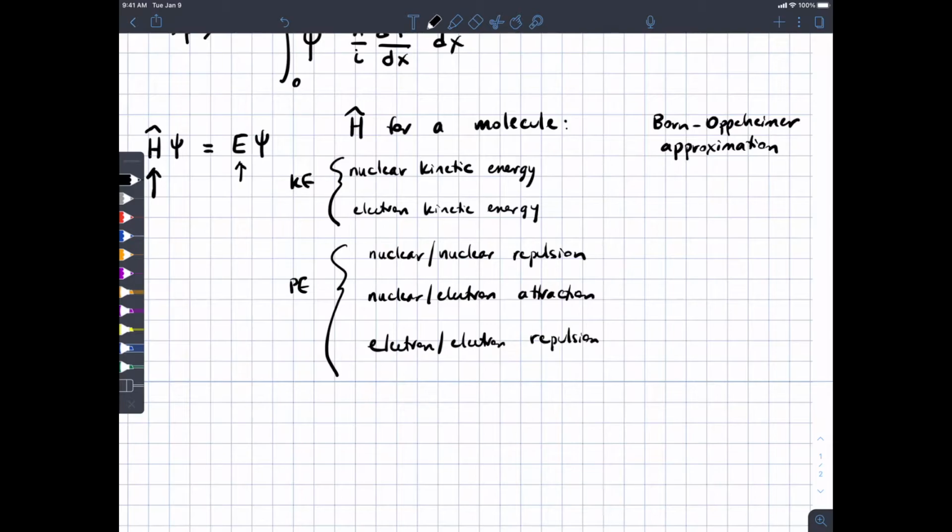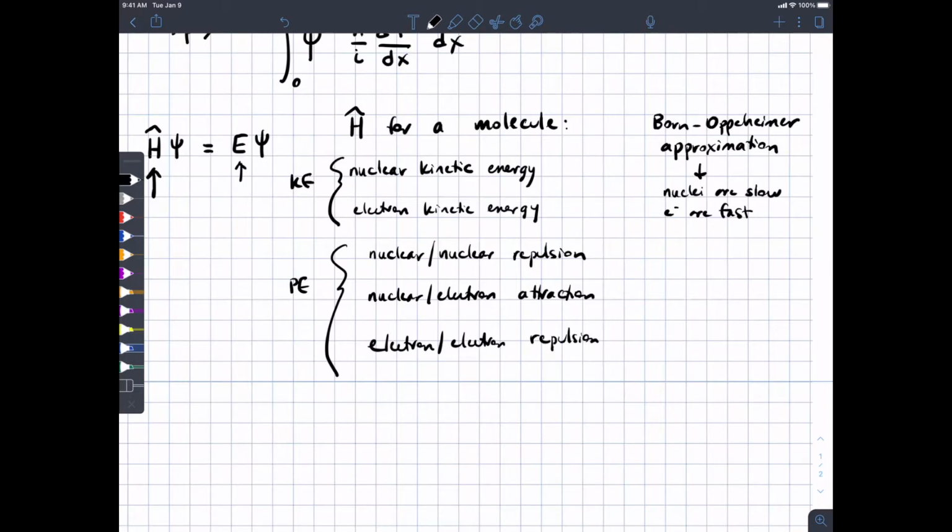The Born-Oppenheimer Approximation says that nuclei are slow and electrons are fast, and the idea behind that is that if the positions of the nuclei change, the electrons can automatically and almost instantaneously rearrange themselves to accommodate that motion.